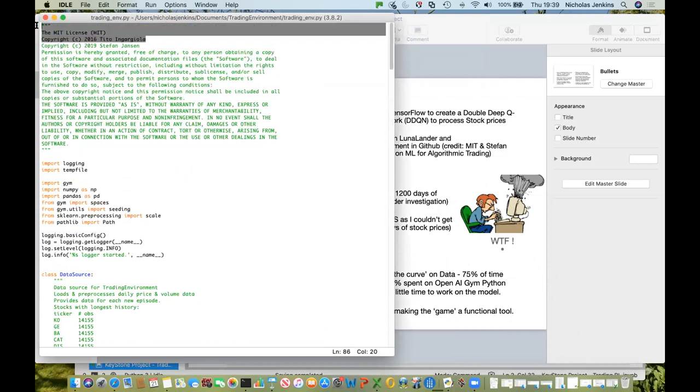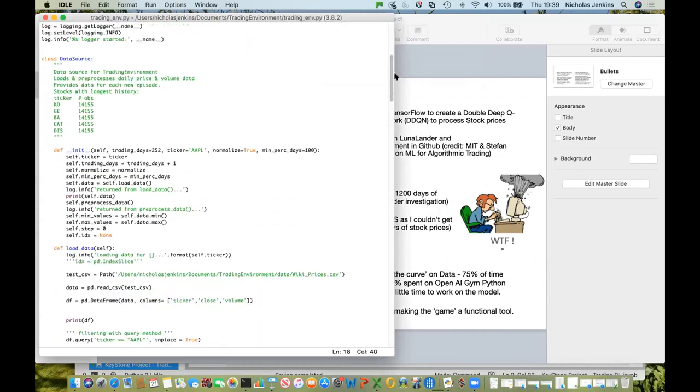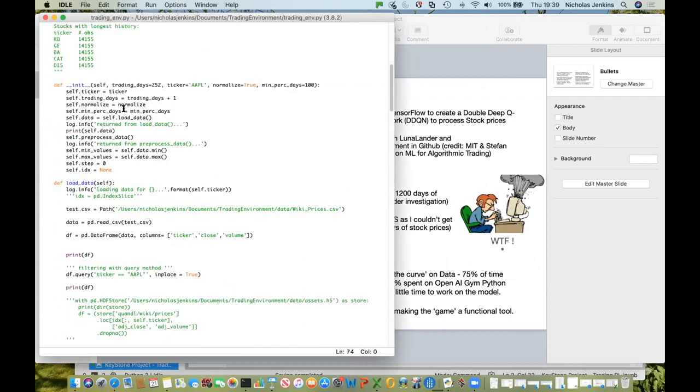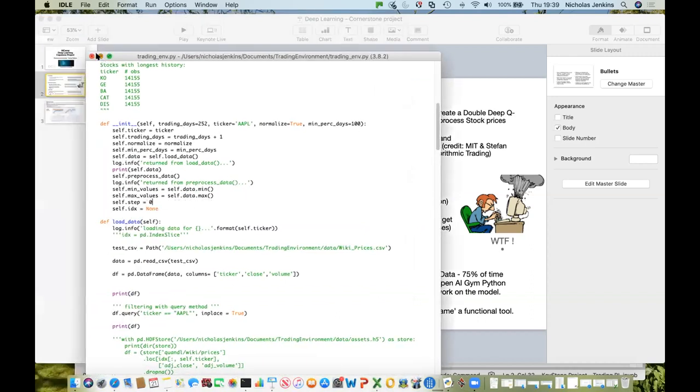This is an MIT implementation, as you can see, which I've leveraged, which goes through some standard functions which it's expecting. So essentially loading the data, pre-processing that data, and then going through some other steps. And so essentially it's all there. So I needed to load that and make it available.